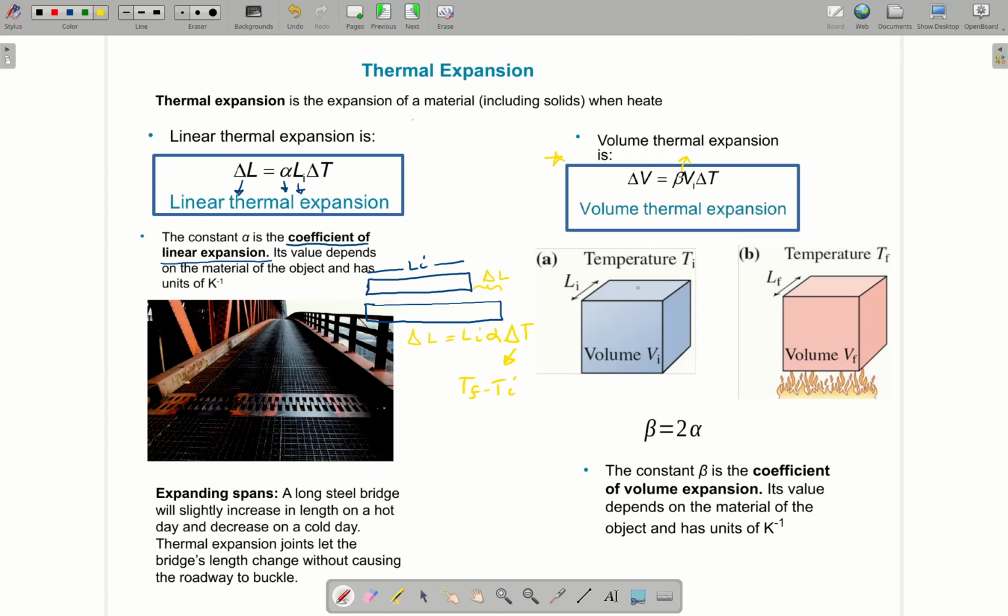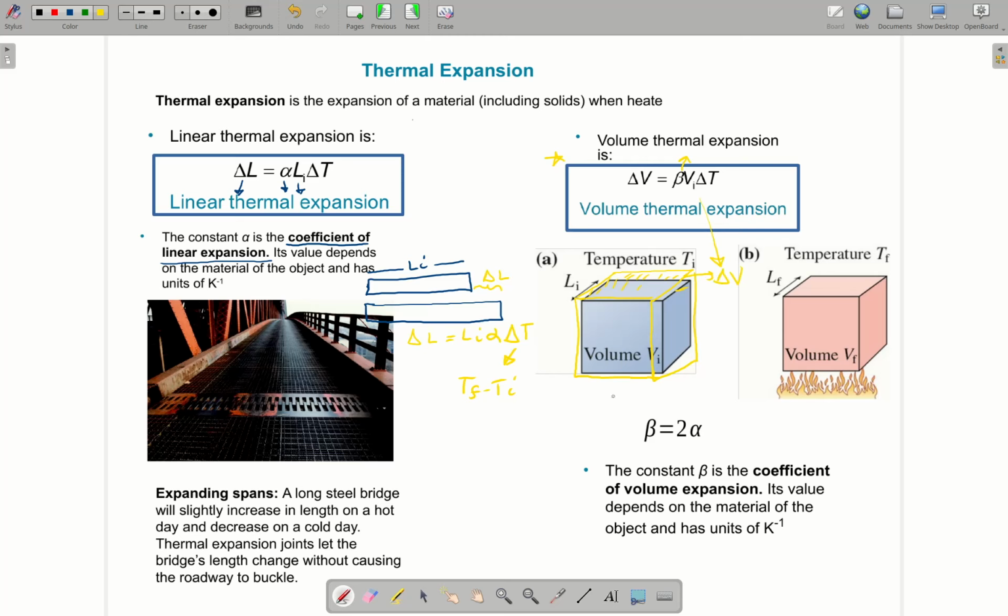So if I have an initial volume here and it expands, we will have an extra volume, this guy getting a little bit larger. So delta V is how much larger it got, right? So I can calculate that. The amount of expansion is just this extra volume we are getting here on the sides. That's delta V. And that's how we calculate it.